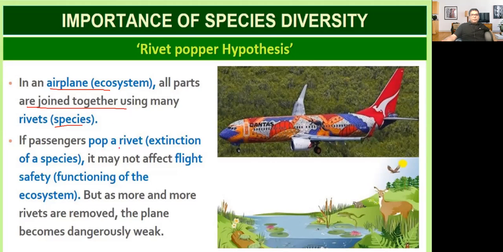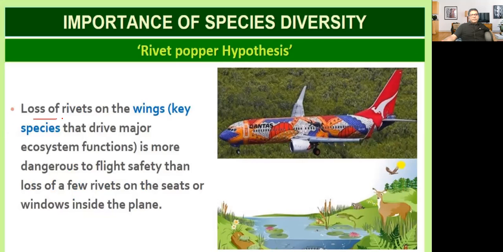If a passenger pops a rivet, the extinction of a species may not affect the flight safety, the functioning of the ecosystem. But as more and more rivets are removed, the plane becomes dangerously weak. Loss of a rivet on the wing, the key species that drive major ecosystem function, is more dangerous to flight safety than loss of a few rivets on the seat or window inside the plane.